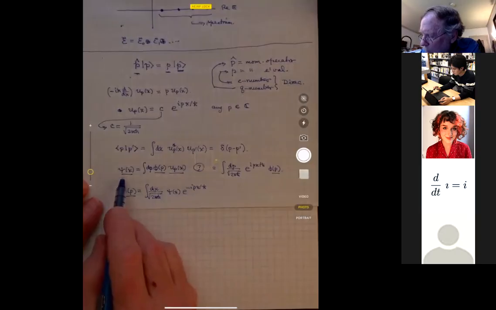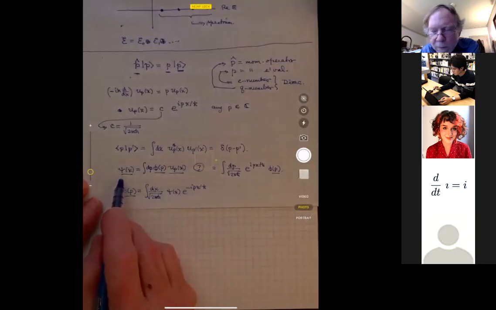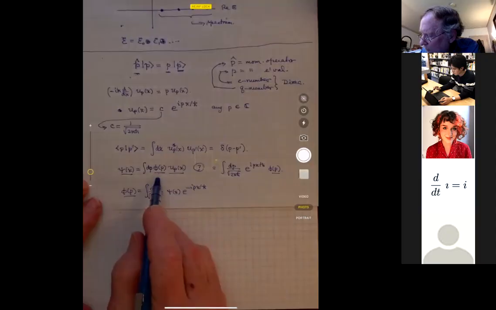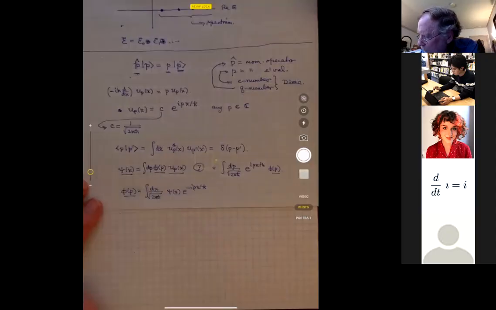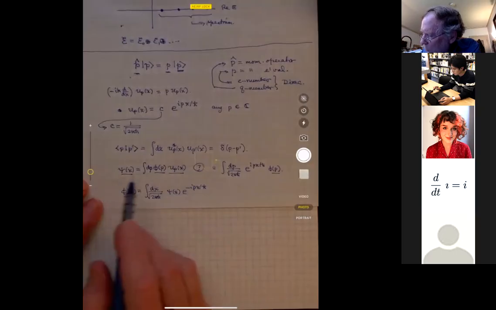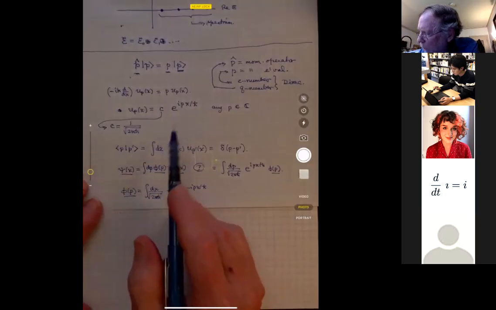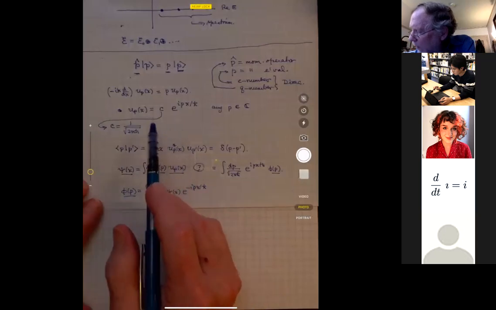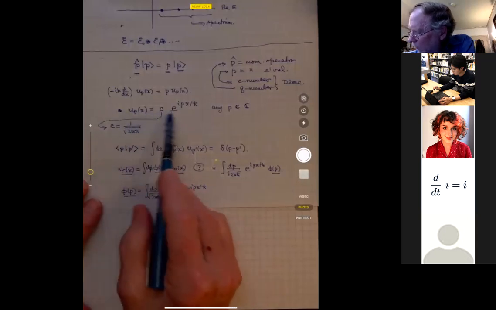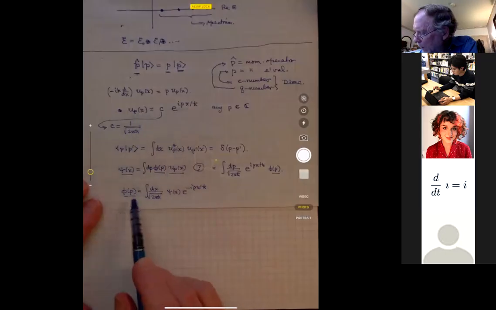Actually, we're only interested in normalizable functions. If you want to talk about a Hilbert space, that means the corresponding phi of p's are normalizable as well by the Parseval identity. In any case, what we see then is that these wave functions, these quote unquote eigenfunctions, which don't belong to Hilbert space, where are they here? Right here is the formula for them, that they are complete in this sense.